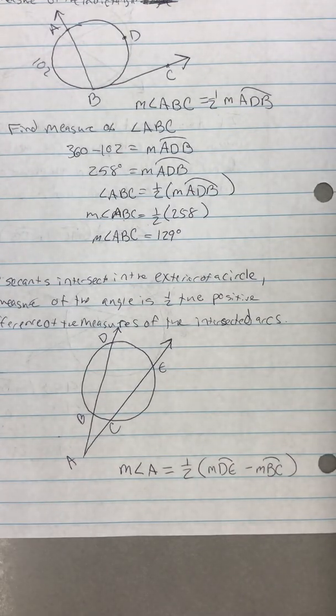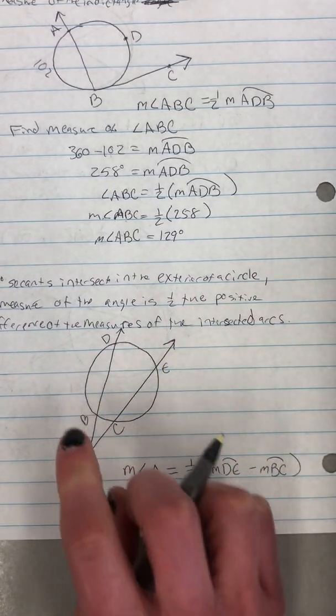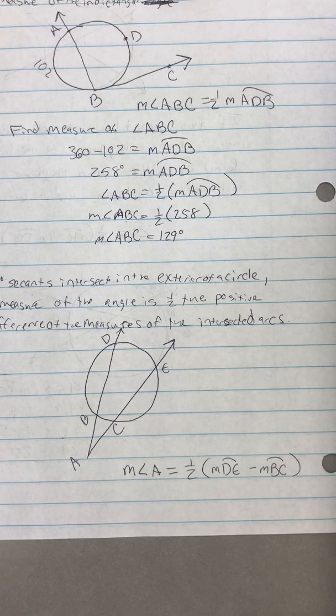That's all it means. The bigger arc minus the little arc divided by 2 equals our exterior angle. We know it's exterior because it's outside of our figure. Let's do an example using this rule.